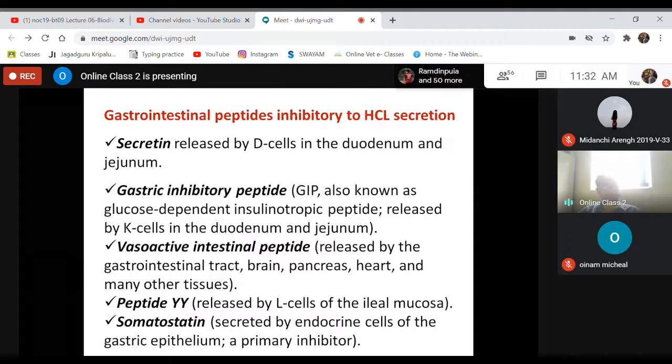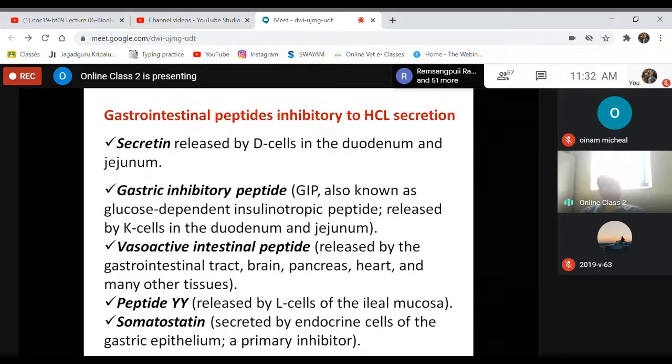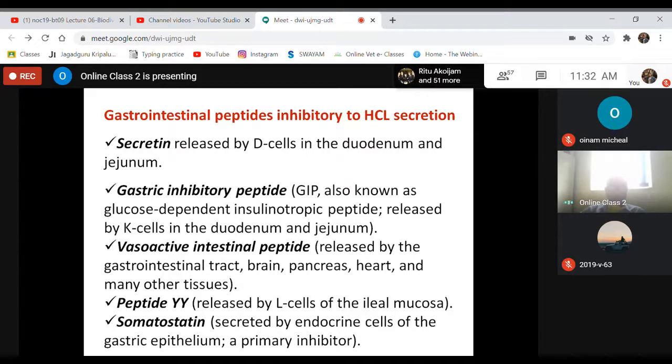Then gastric inhibitory peptide, also known as GIP, and also known as glucose-dependent insulinotropic peptide, which is released by the K cells in the duodenum and jejunum. So this factor will also inhibit hydrochloric acid secretion. Then vasoactive intestinal peptide, released by the gastrointestinal tract, brain, pancreas, heart, and many other tissues.